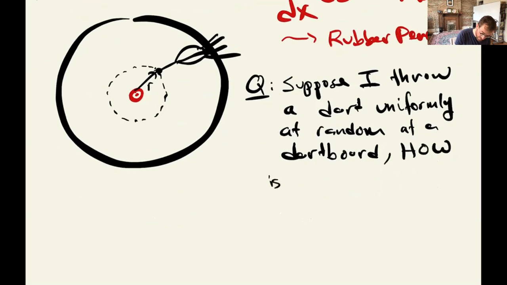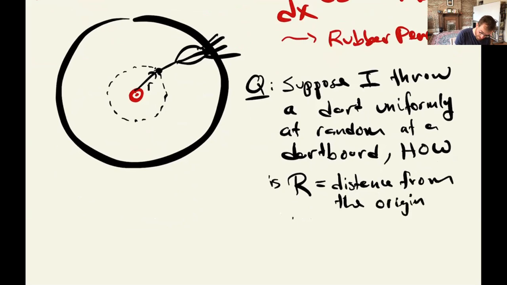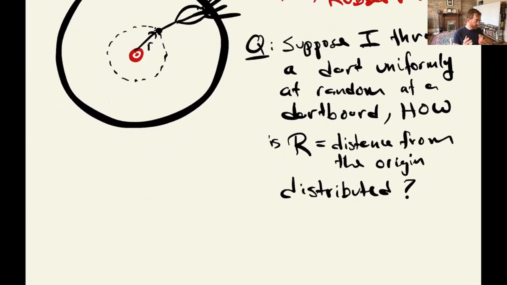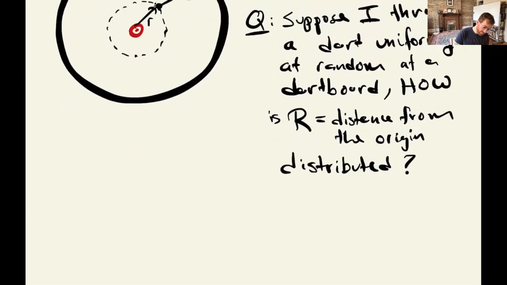How is r, which is the distance from the origin, distributed? And this is, again, as a random variable. So just as a quick recall, what this amounts to asking is providing a function that allows you to compute the following probability.